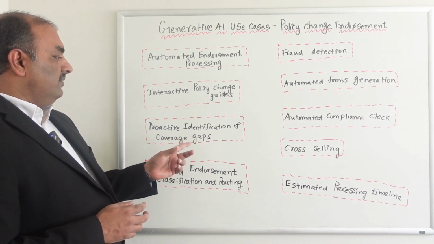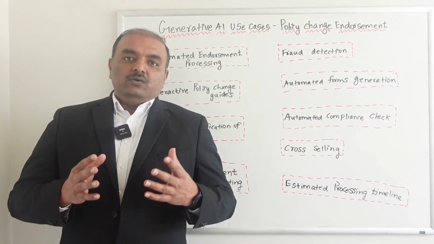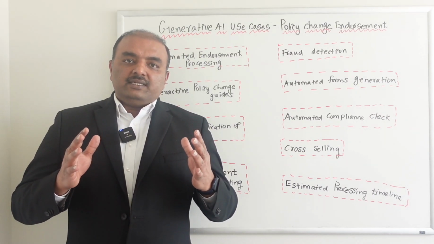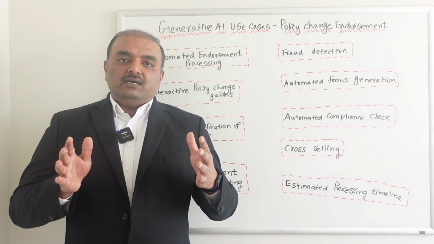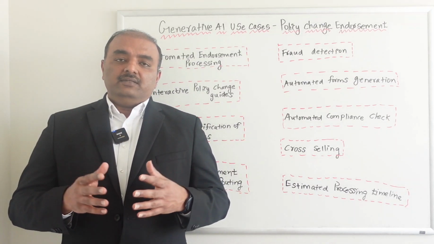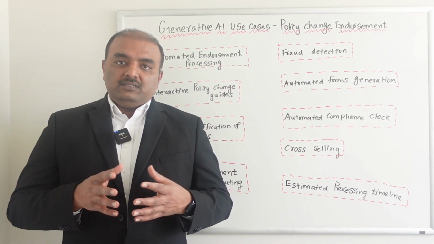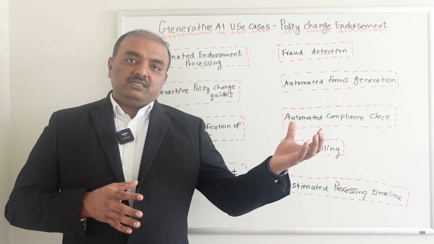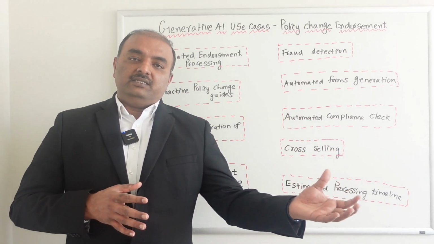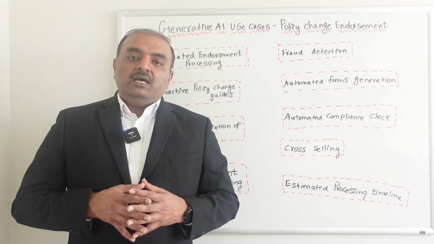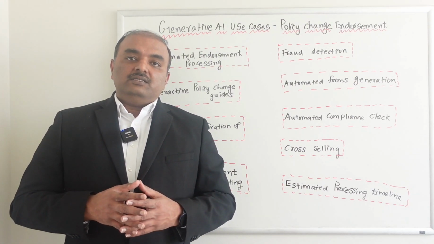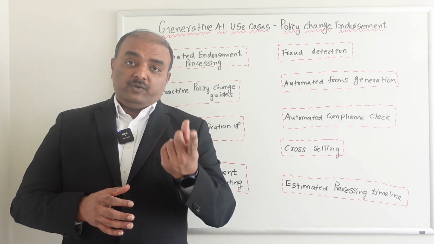Proactive identification of coverage gaps. Artificial intelligence has the capability to read a humongous amount of data. It can look at the policy and the customer's information like their location and their loss exposures, and then recommend, hey, this coverage is missing from your policy.